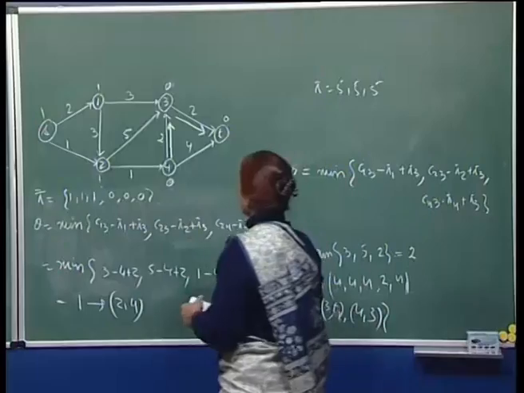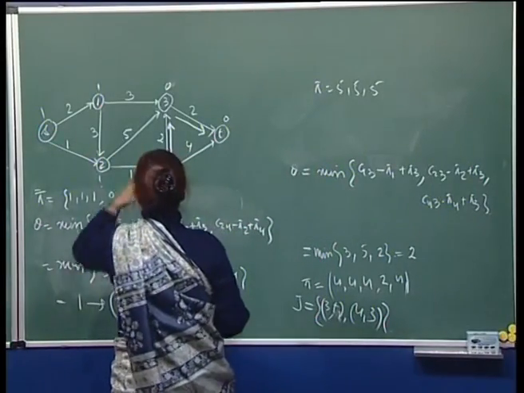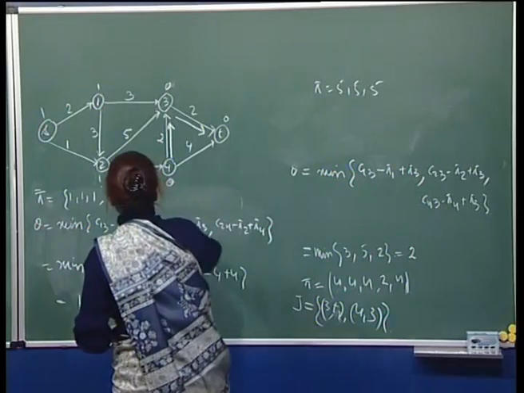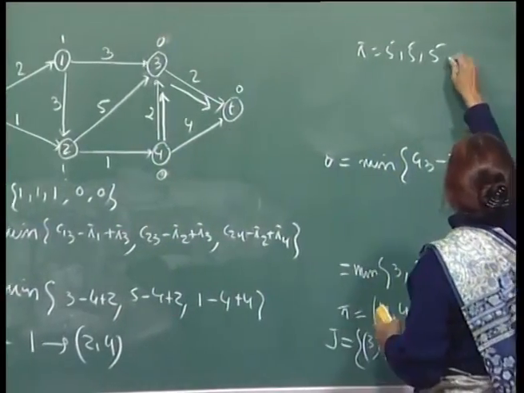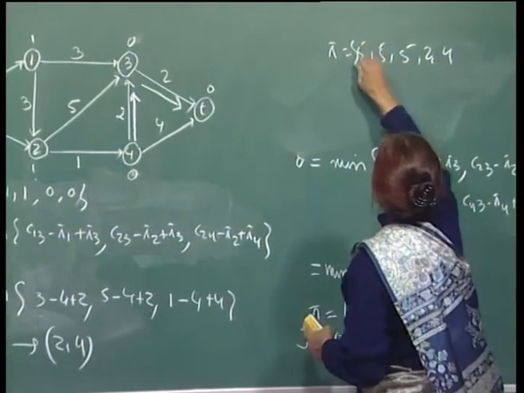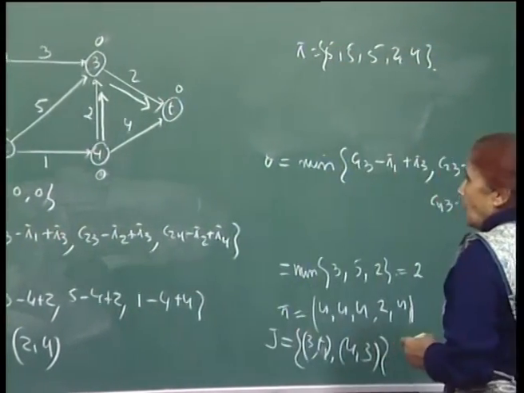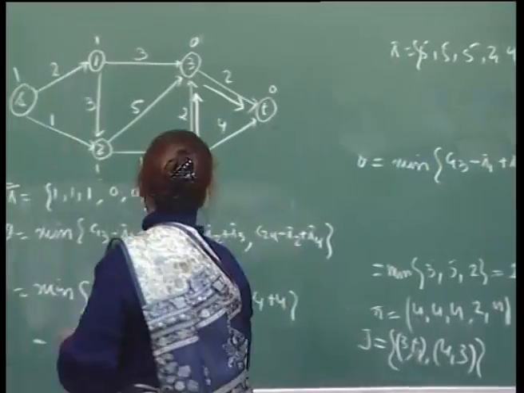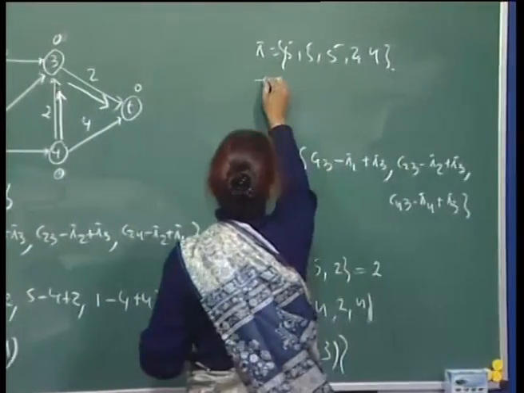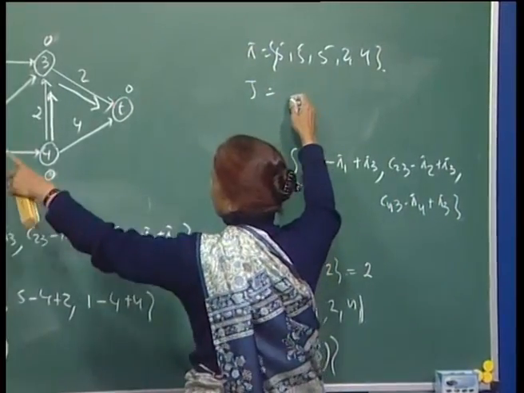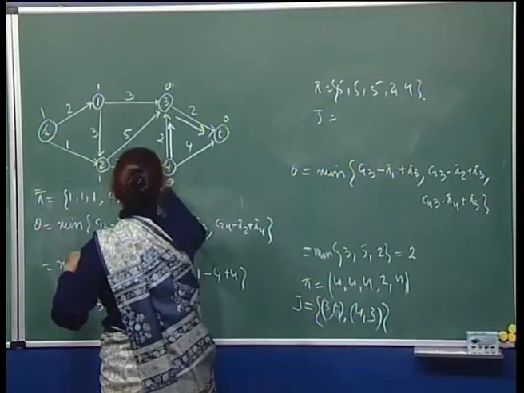Somebody correct me here, 1 2 3 4 5. So, this is your new dual solution, and you see that 2 4 gets added, and j gets updated. So, this is the new arc that you have added here.